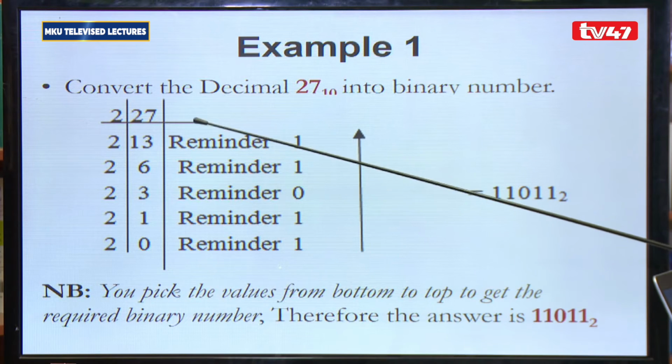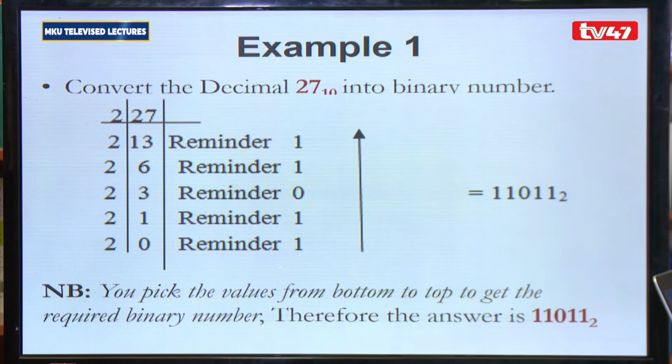Each and every time you divide a number by 2, you cannot get a remainder which is more than 1. Otherwise, you could divide that number again and still get a value. So you'll always get a remainder which is either a 1 or a 0 every time you divide a number by 2. We can do one more example for that particular conversion.